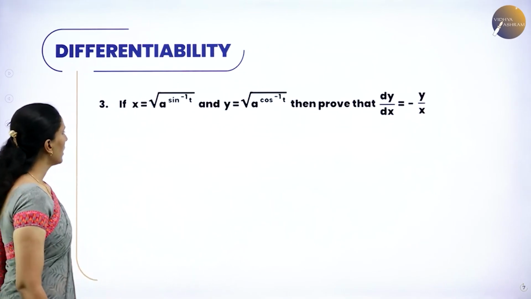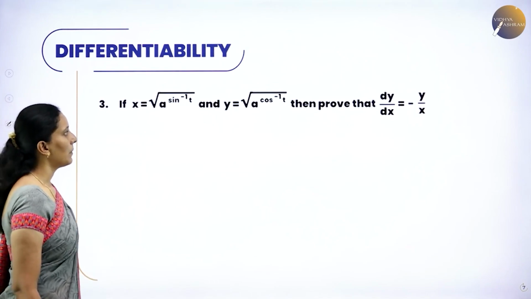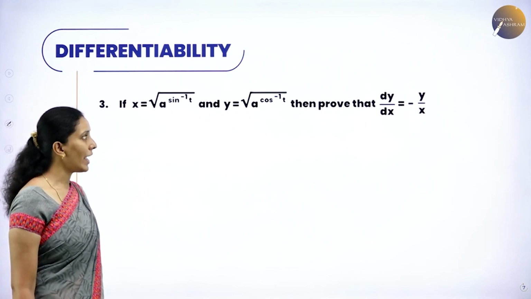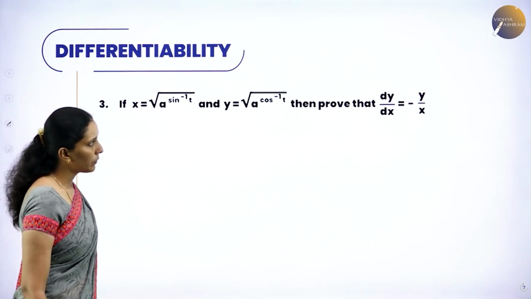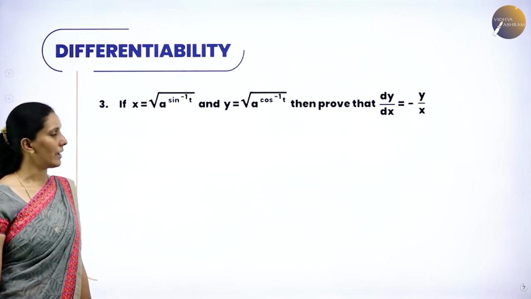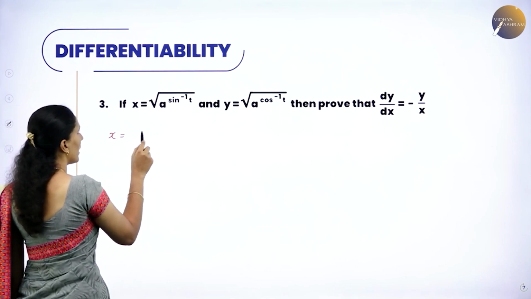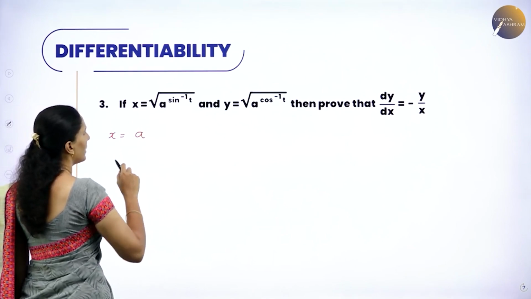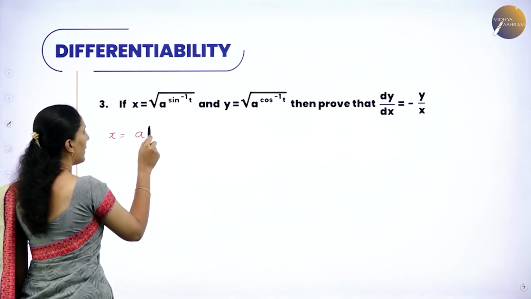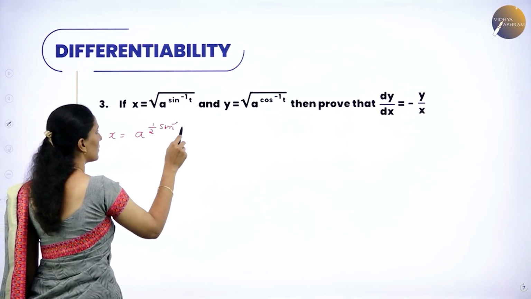Next we have, if x is equal to square root of a to the power sine inverse t, plus y is equal to square root of a to the power cos inverse t, then prove that dy by dx is equal to minus y by x. So first let me convert x is equal to a and half can be written as to the power. So this can be written as half sine inverse t.